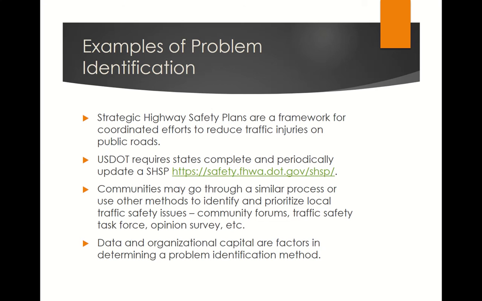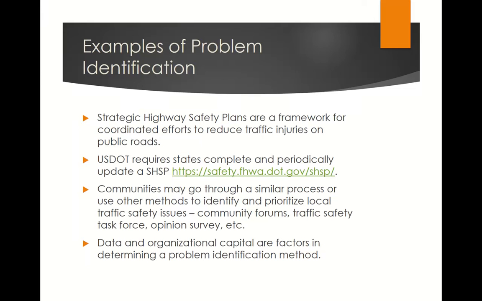Moving on, communities may also go through a similar process. I believe one of the proposals talked about something that's going on right now in Fargo with regard to walkability, bikeability type of active transport priorities. There are other methods that you can use in looking at communities than you could looking at the state level. So keep that in mind, it gives you a broader array of methods that you might want to look at.